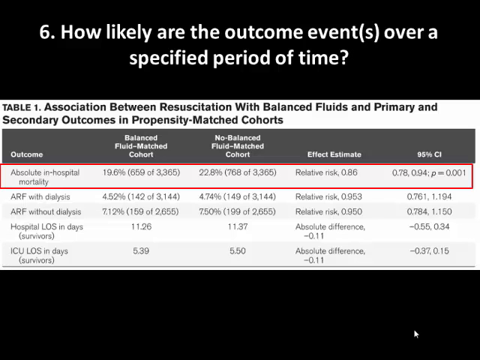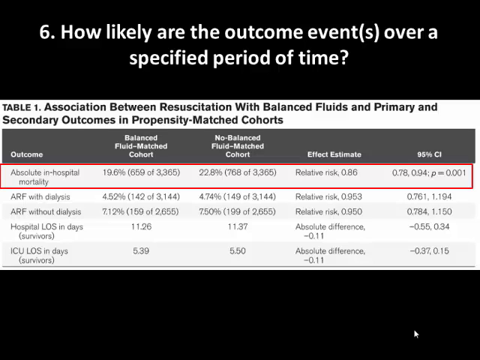So what are the results? How likely are the outcomes or events over a specific period of time? Here we have our primary outcome, which was inpatient or in-hospital mortality.